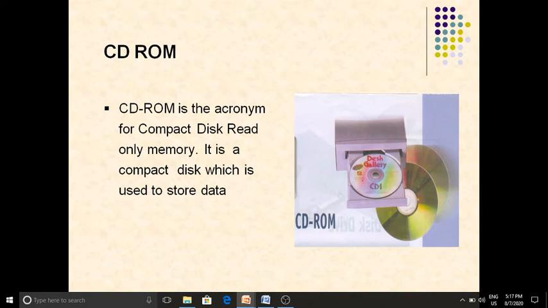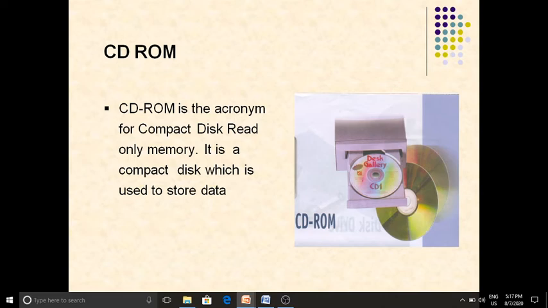It is a compact disk which is used to store data. Nowadays we are using CDs for storing data, that is taking a backup from the system, and after taking the backup we can carry the CD.